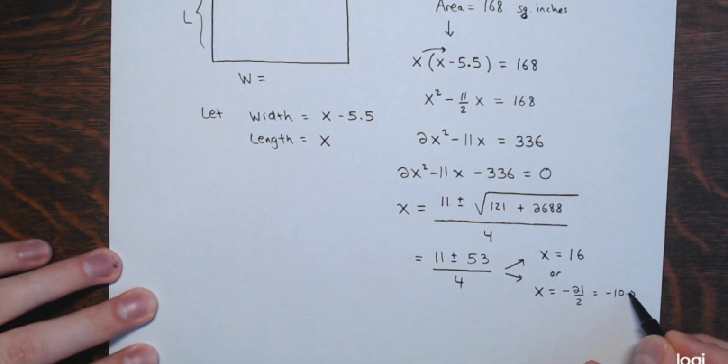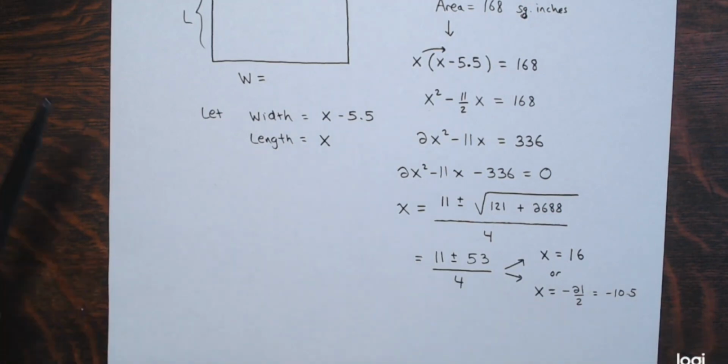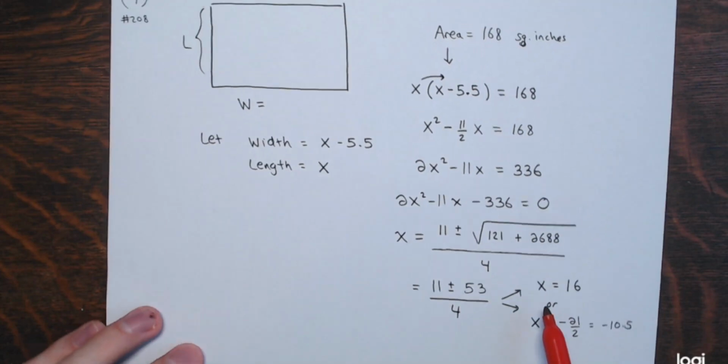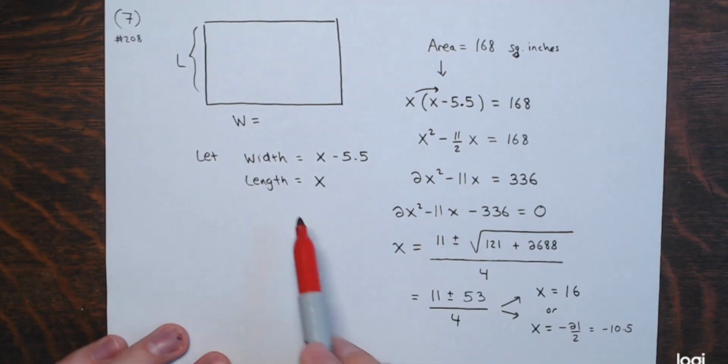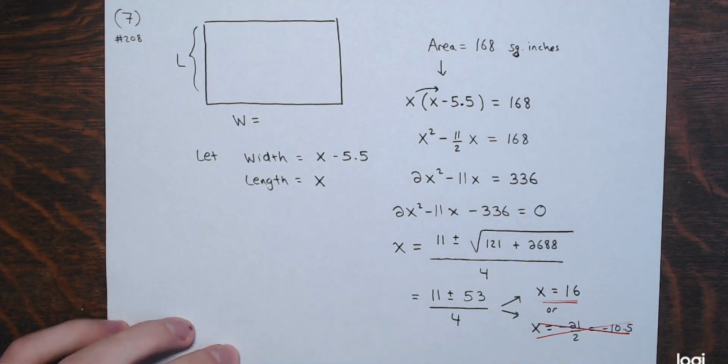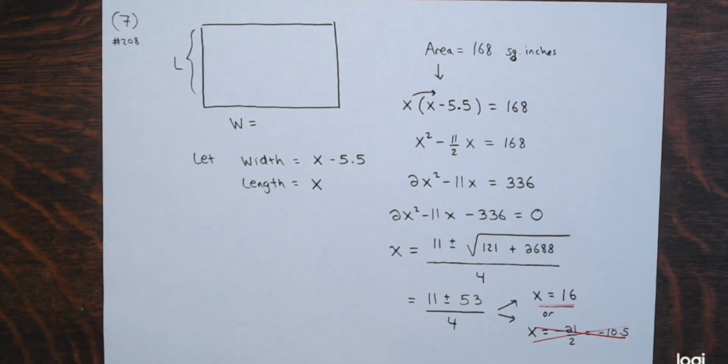But once again, we're talking about lengths of a rectangle. Remember, x represents length, so this doesn't make any sense because it's negative, right? We don't want negative lengths. So the only one that makes any sense is a length of 16 inches, right?